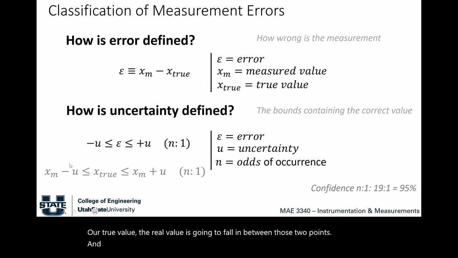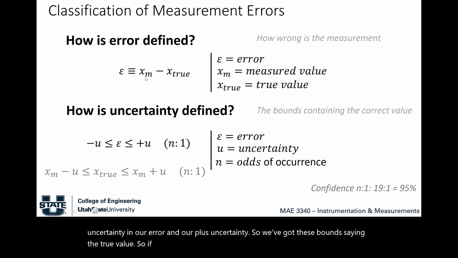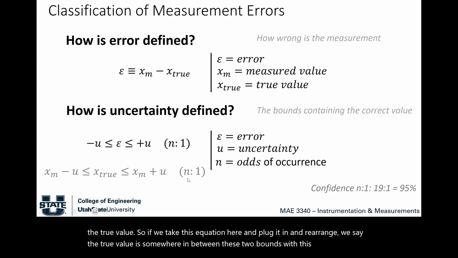And so that's kind of what this equation right here is showing, is we've got a minus uncertainty in our error and our plus uncertainty. So we've got these bounds saying the true value. So if we take this equation here and plug it in and rearrange, we say the true value is somewhere in between these two bounds with this specific confidence, okay?